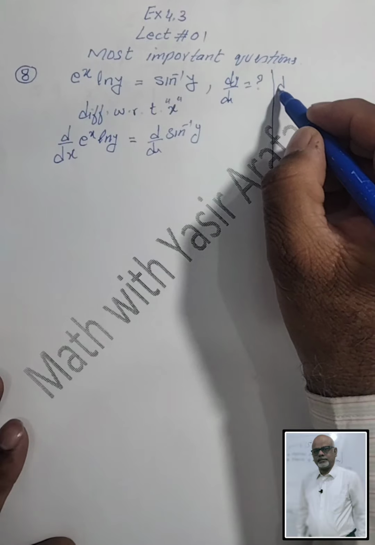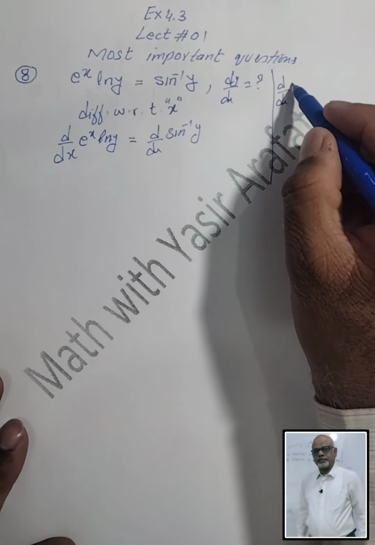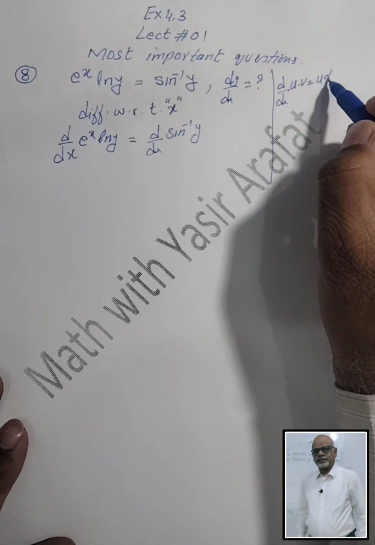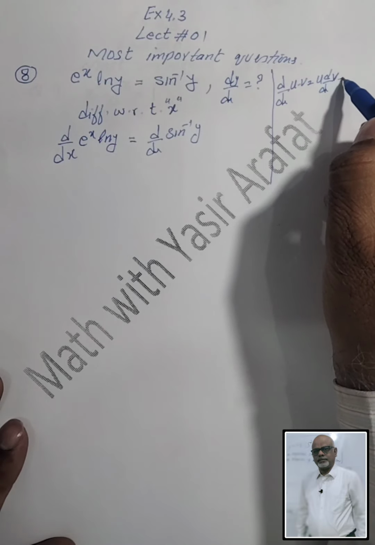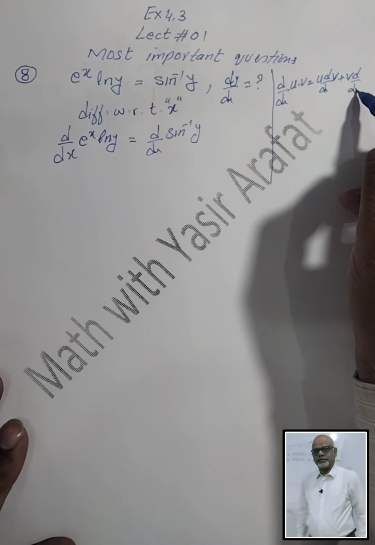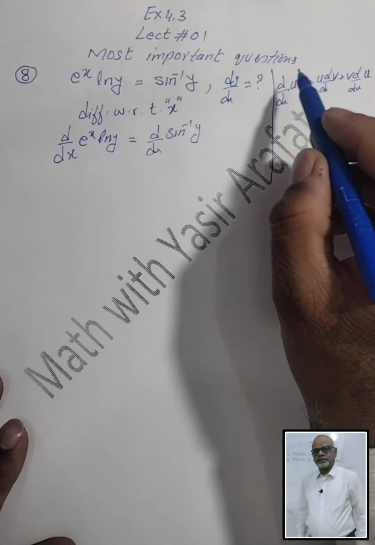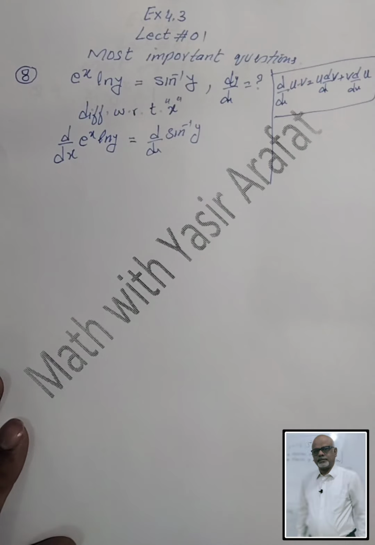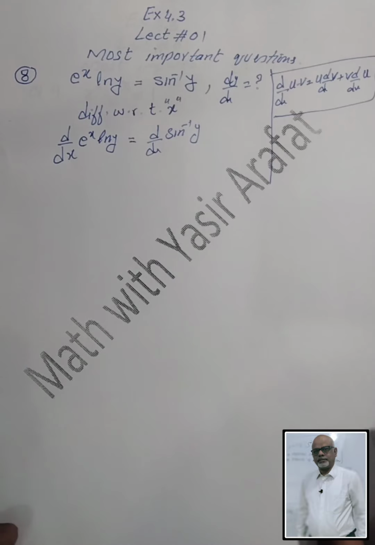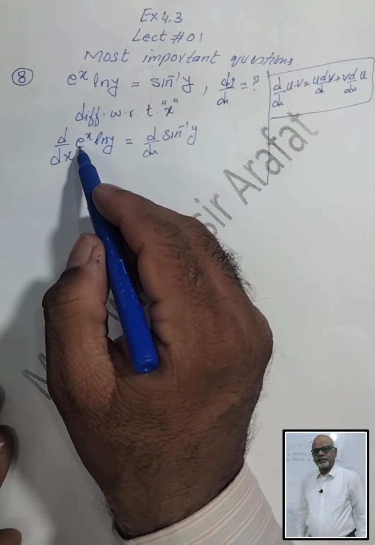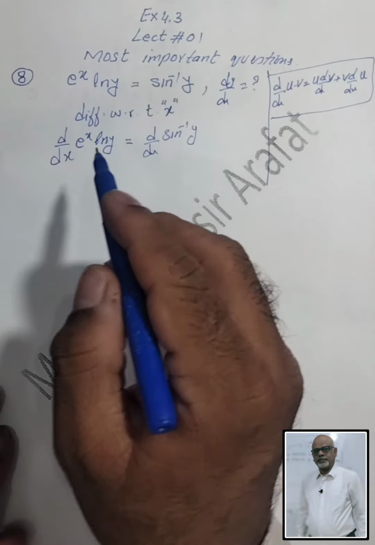When two functions are in product form, so that is u as it is derivative of v plus v as it is derivative of u. This is the product rule. When two functions are in product form, then we have to apply this formula here. So this is u means e of x and the ln y means v.